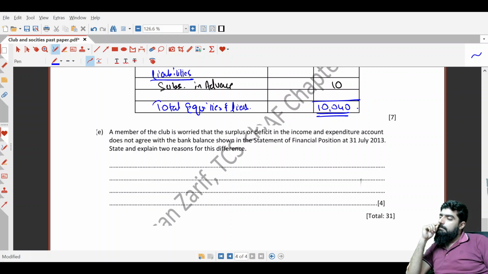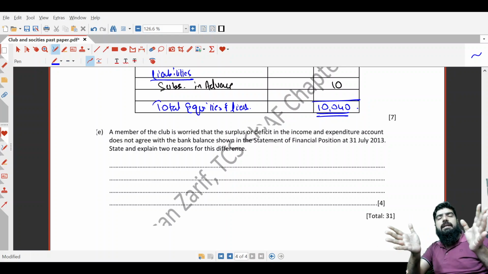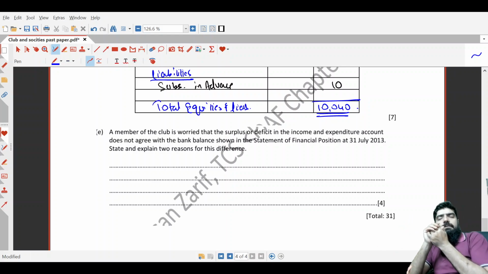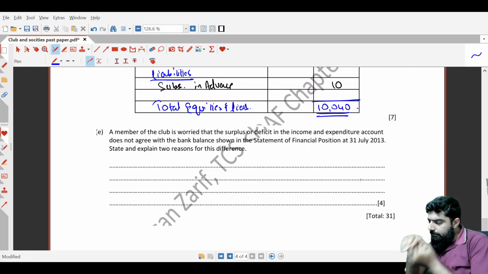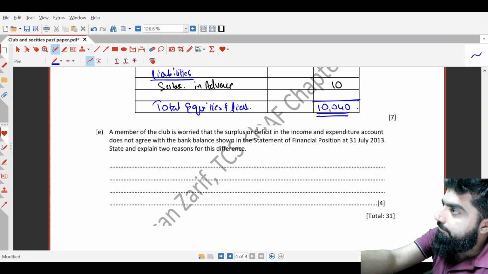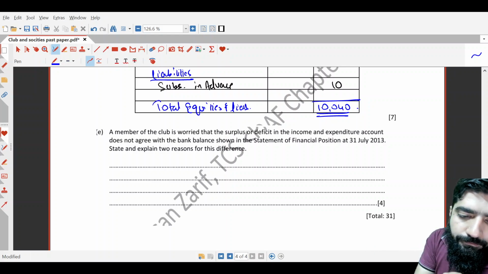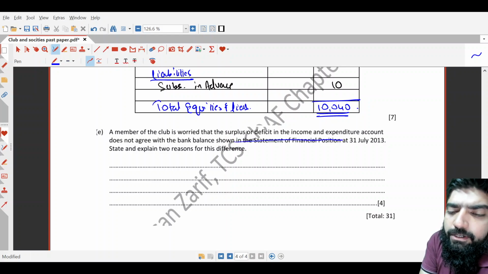I don't even think I get the question to begin with. Don't you think that the receipts and payments side and the income and expenditure account are both the same? But they're different because the SOFP is used for calculating everything, assets and liabilities included. No, there is nothing to do with the statement of financial position.